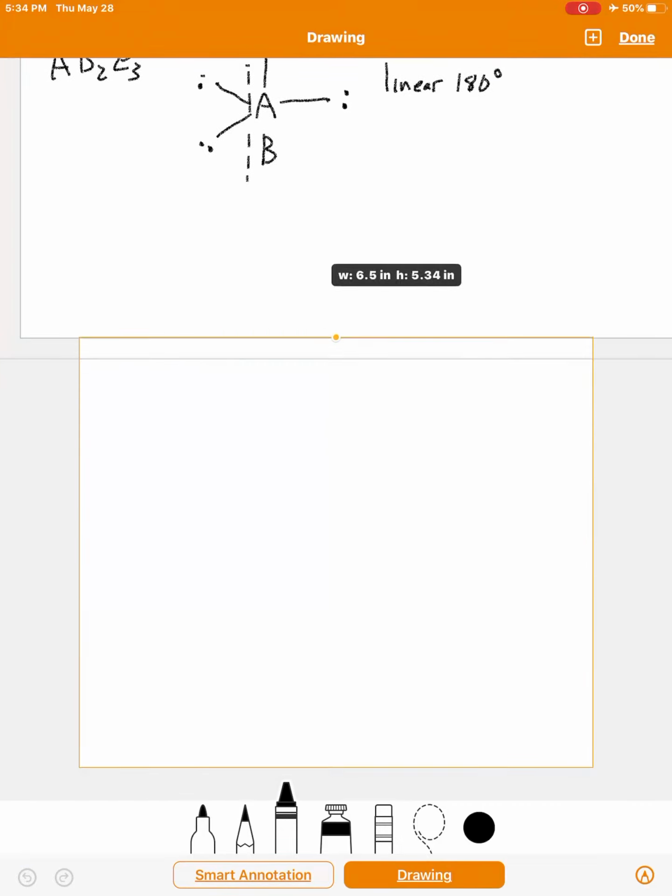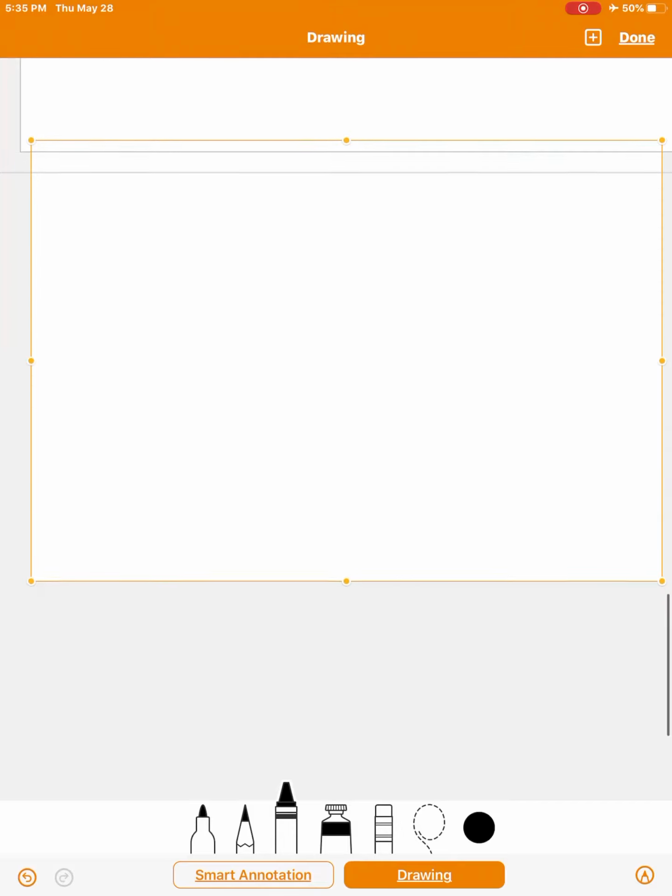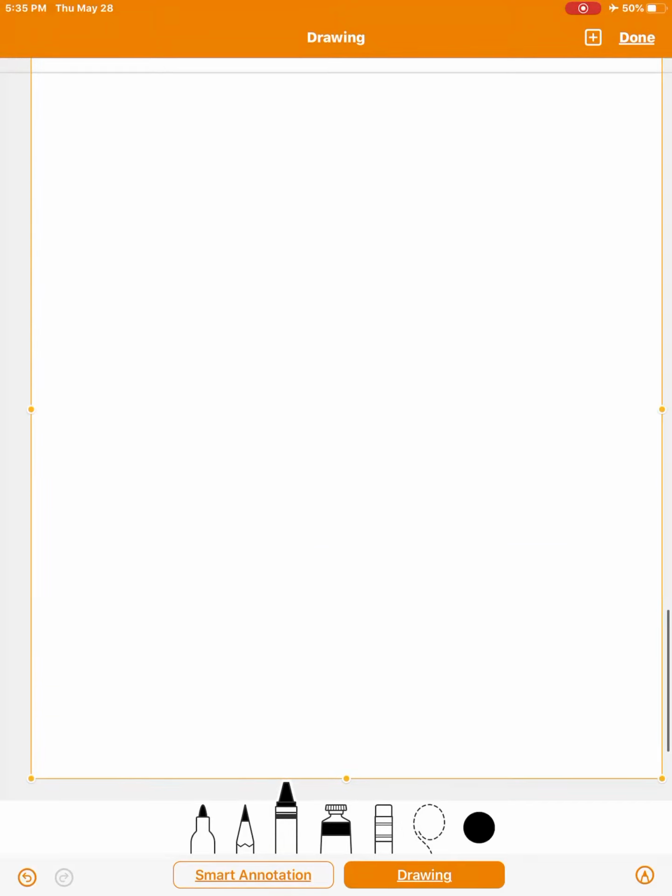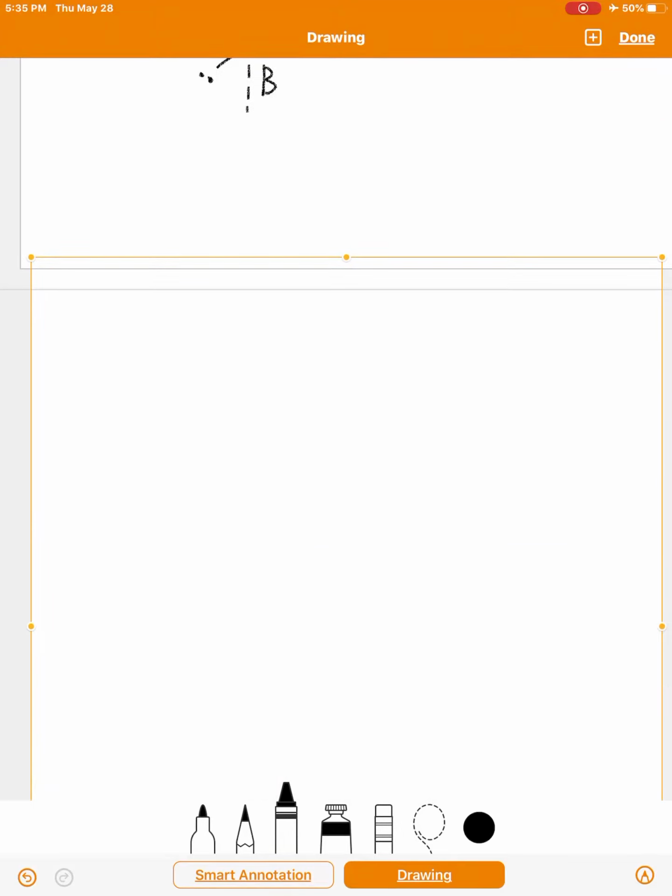Let's take a look at one more. The next one is the case where you have 4 surrounding atoms and 2 lone pairs. That's interesting, right? Essentially, think of them as connection points. There's up to 6 connection points to the central atom. That's what's observed.